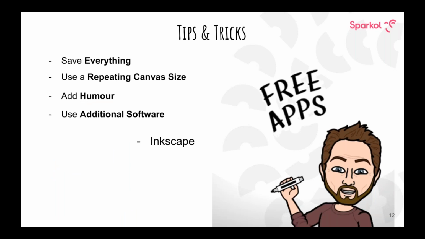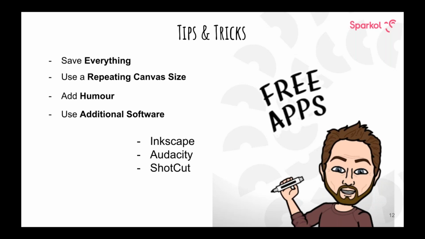Use additional software. The software I use is all free, and it really helps. The first one is Inkscape. This is great for creating graphics that are automatically ready for VideoScribe. The next one is Audacity, a great sound editing software, also free. The next one is Shotcut.